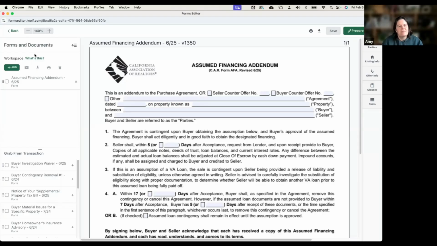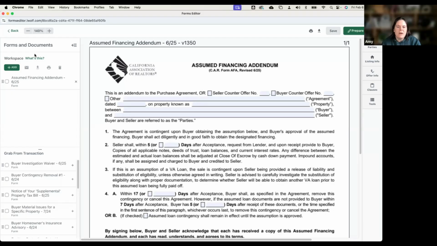So this is saying, hey, if it's an assumption of a VA loan, the sale is contingent upon the seller being provided a release of liability and substitution of eligibility unless otherwise agreed to in writing. Okay, seller is advised to carefully investigate the substitution of eligibility along with proper documentation to determine whether seller will be able to obtain another VA loan prior to this assumed loan being paid off.